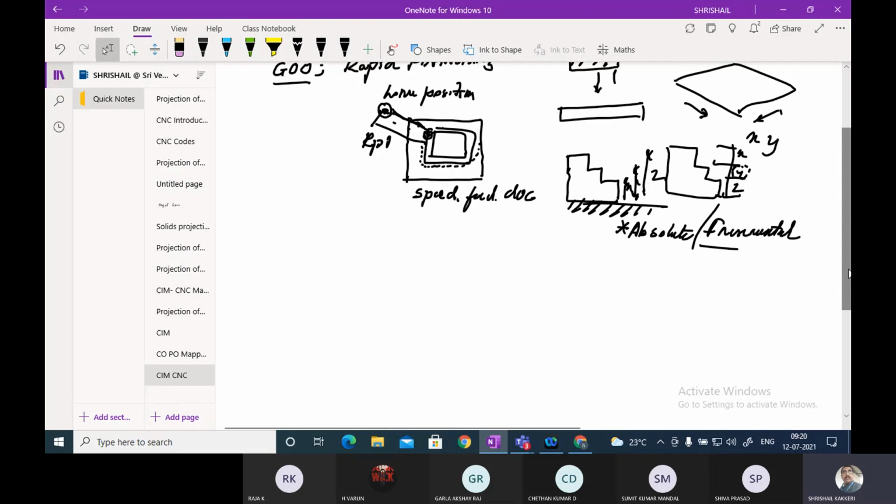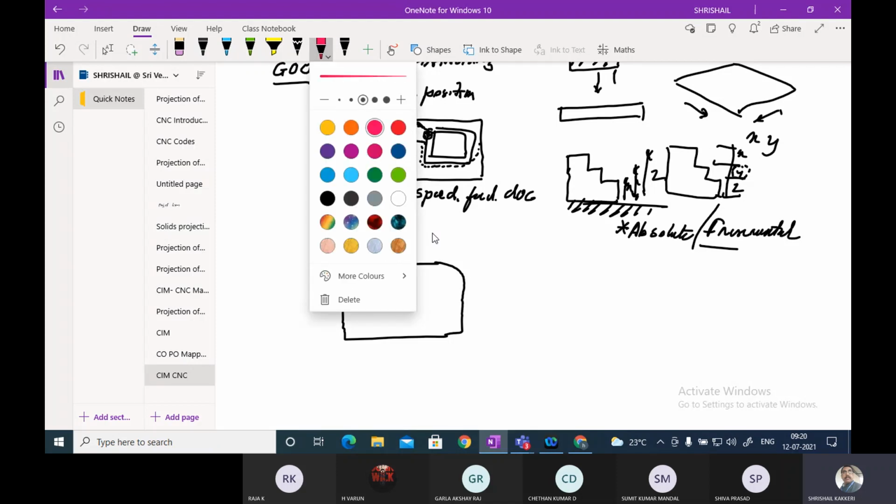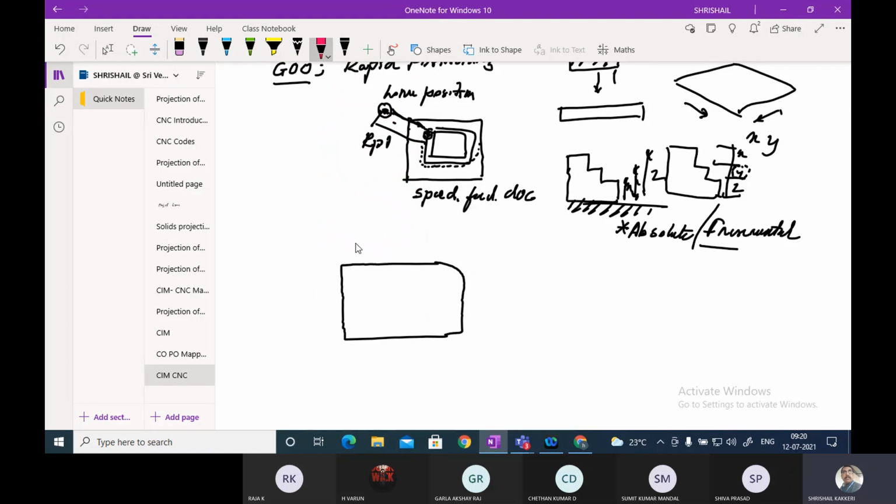And another one, the linear interpolation. Please remember, these are very, very important while you are going to do the programs, so I am once again explaining it. This is the path the cutter has to traverse. For example, the cutter diameter is this much, so the cutter radius will be this.